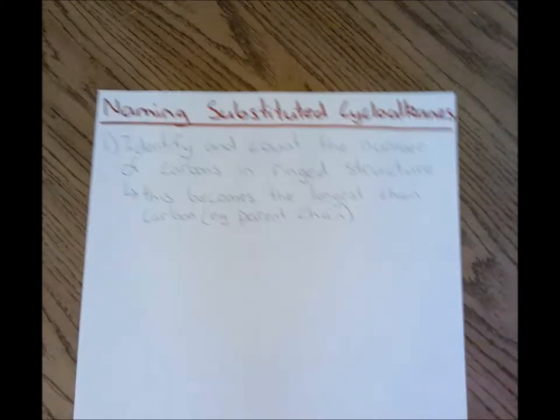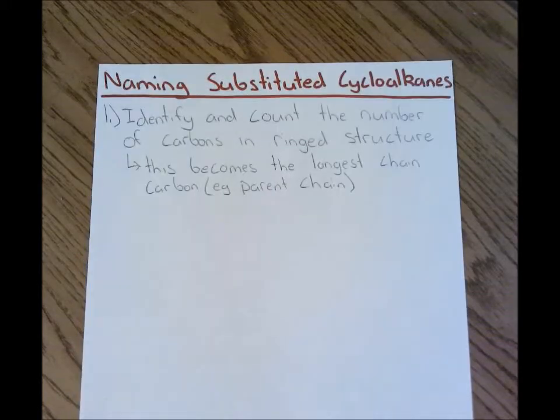The next step is numbering the carbons bonded to the attached group or substituent. Remember, these cyclic structures have no end, so we have to start our numbering wherever there is an attached group.